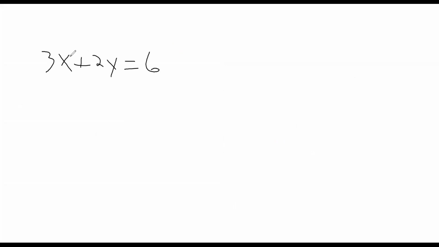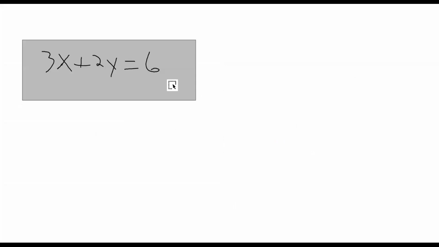Well, the x and y in the equation here can be represented by coordinates or ordered pairs on the xy coordinate system, in the xy coordinate plane. So here's what we're going to do.